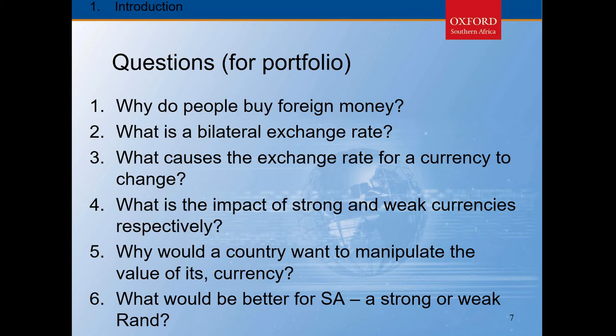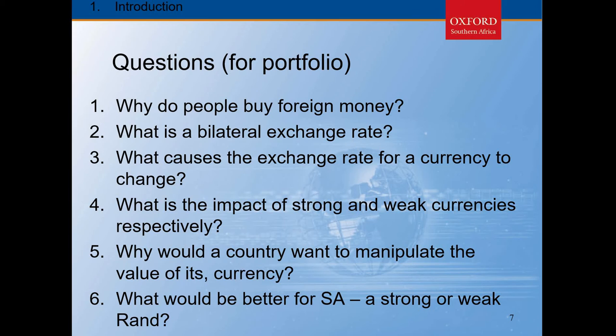Question 2 asks, what is a bilateral exchange rate? A bilateral exchange rate is the amount of money that you will pay in one currency for a unit of another currency.